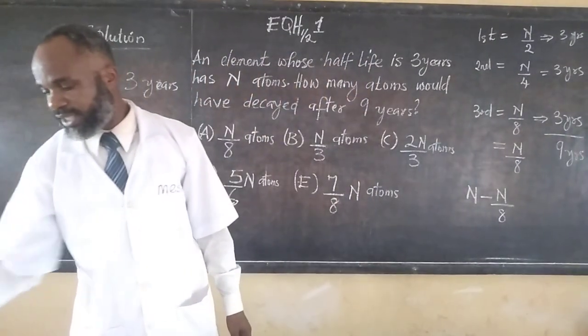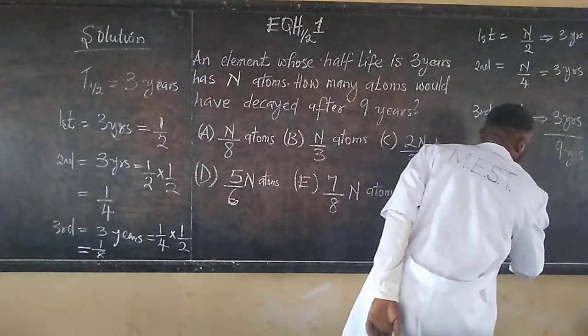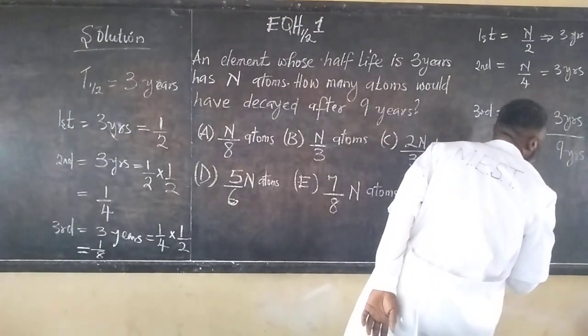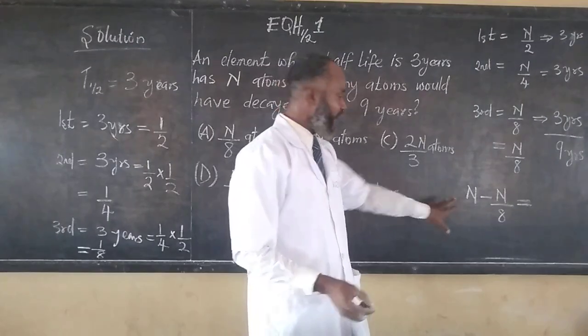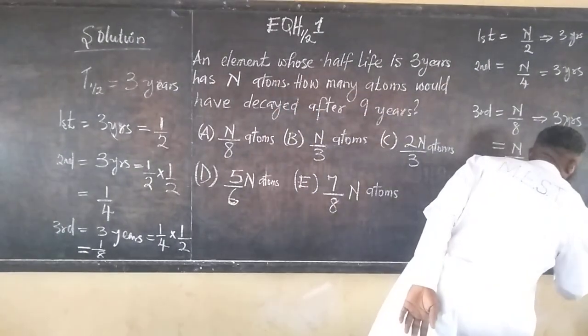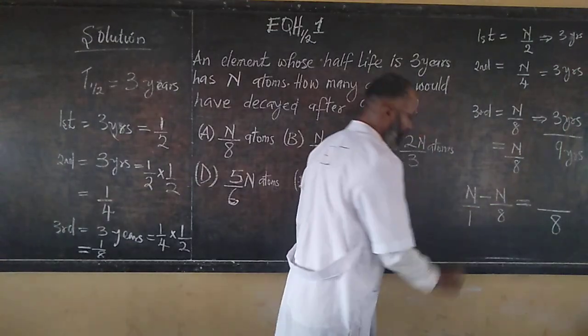If we do this, we find something very simple. The LCM here is 8, and N is just over 1.